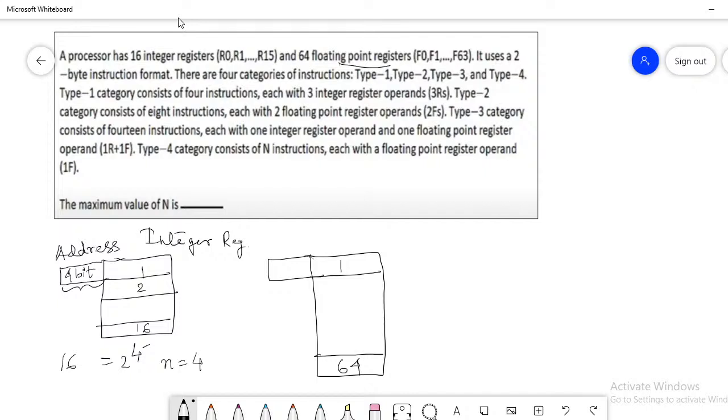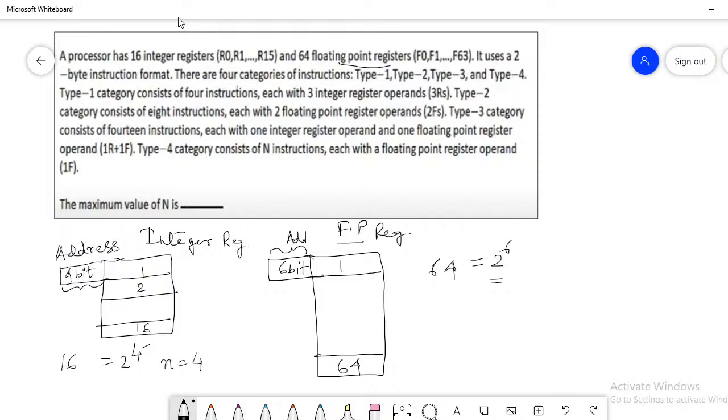So you know what is the number of bits used for the address field? 64 means you have 2 to the power, how much is 64? So it is 2, 4, 8, 16, 32 and 64, so it is 2 to the power 6. So we will have 6 bits for the address field of the floating point registers.